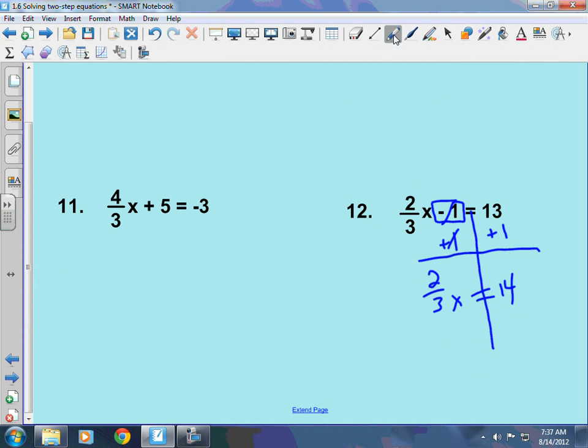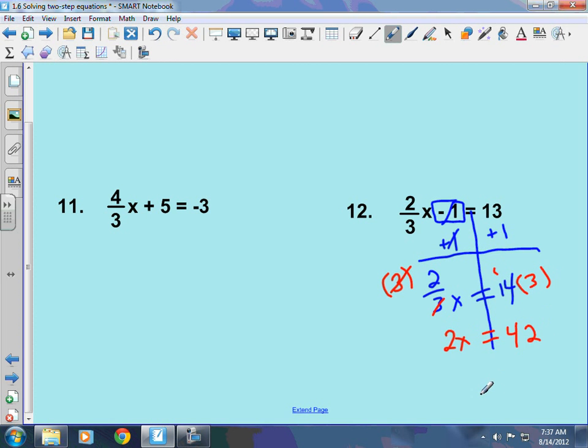How do I get rid of this fraction? Well, I'm going to show you the easiest way to get rid of the fraction. I take the bottom number of my fraction and I multiply both sides by the bottom number of my fraction. 3's cancel. 2x equals 3 times 4 is 12. 3 times 1 is 3 plus 1 is 4.